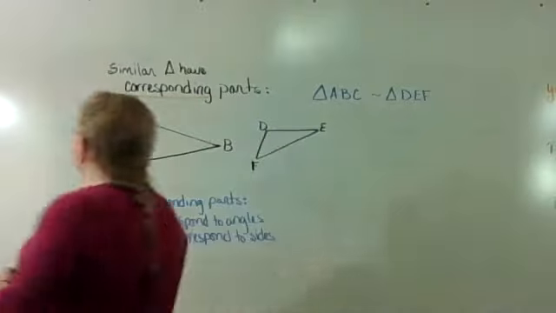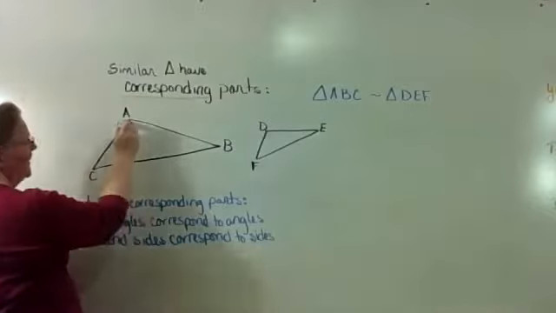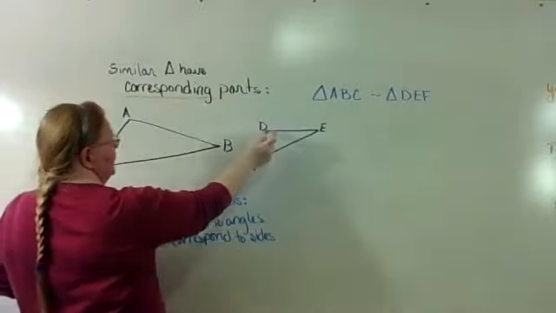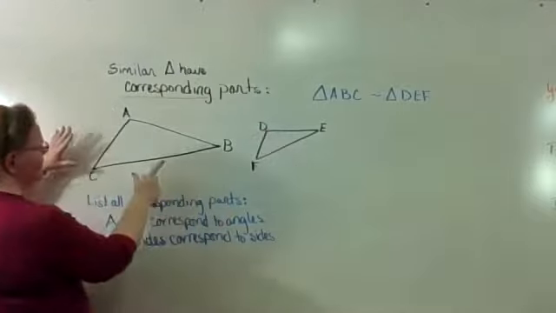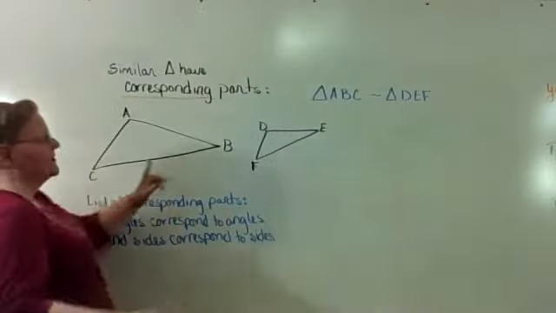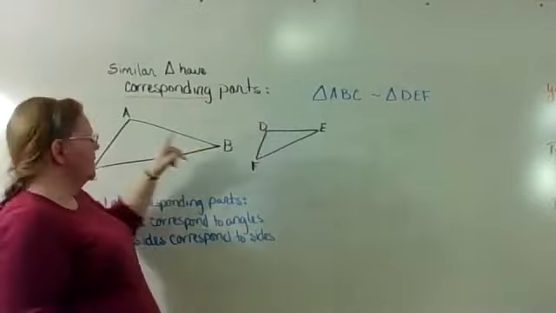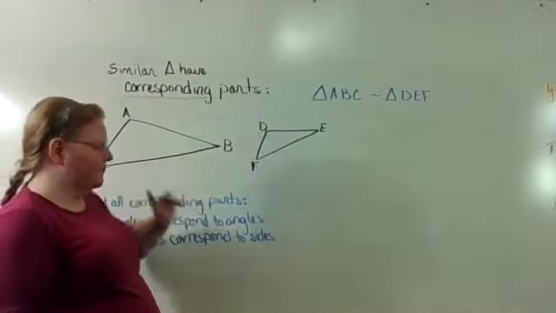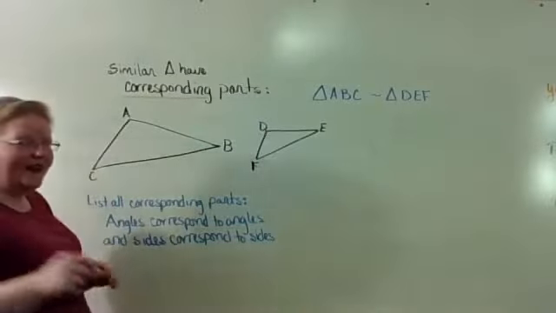So, angle A is the same as angle D. Now, I know it looks like it's different, but since they called them similar, I know that has to be the same. We'll get more into that in a second.